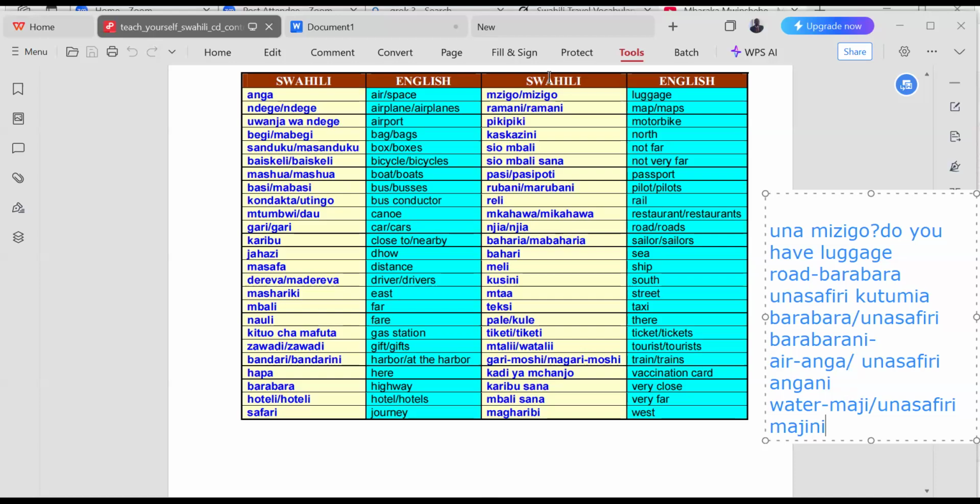You can equally travel using rail. And rail, in Swahili, we call it reli. We borrow it directly from English. We call it reli. Reli, rail.